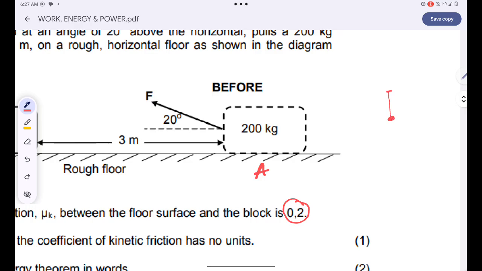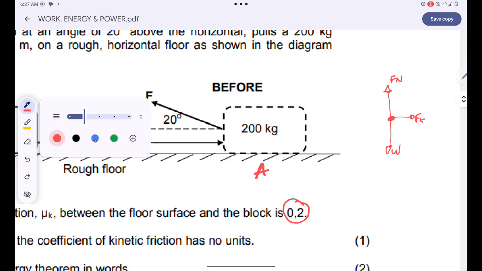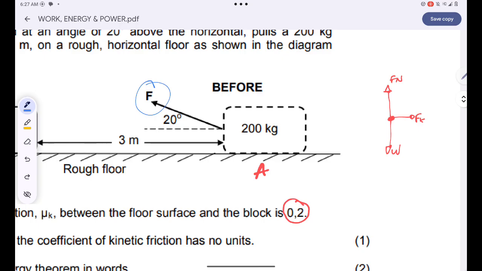Yes, you'll still have normal force, F normal, you'll still have the frictional force, you'll still have the weight. However, I'm going to break down this force which is applied at an angle into two forces, into its components. Firstly, there is a horizontal component.